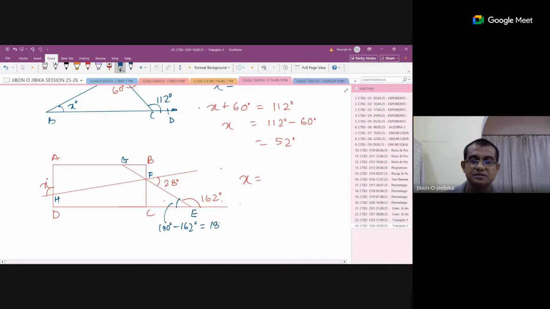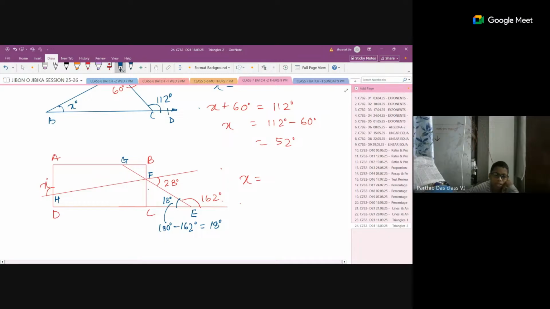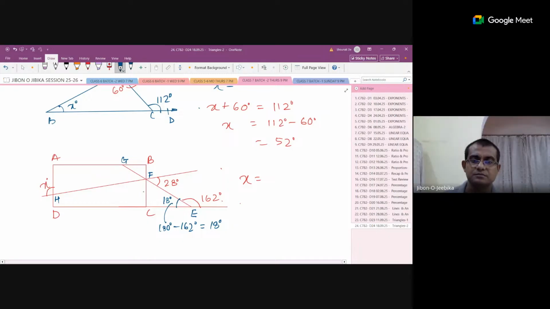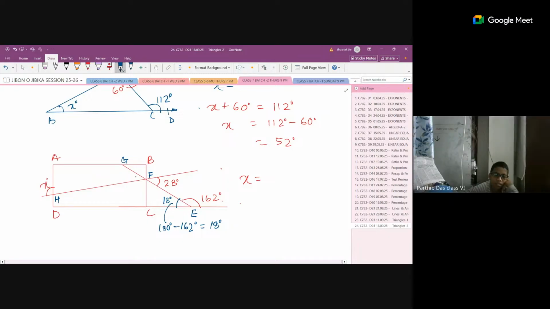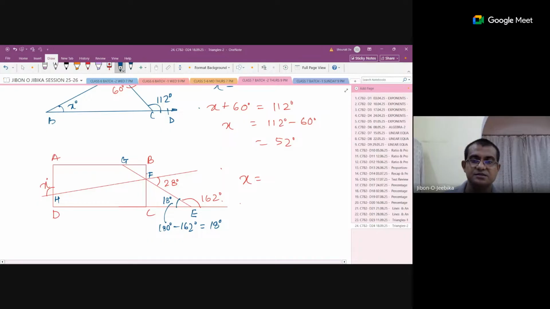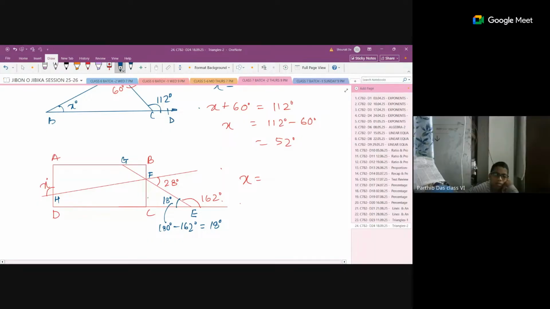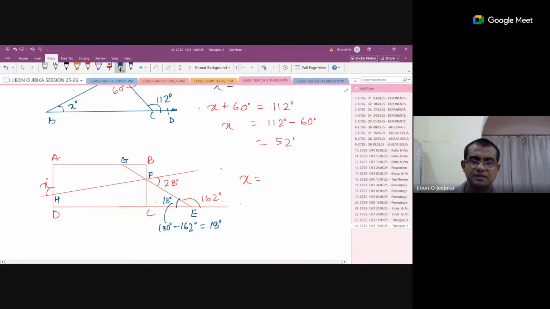That means 18 degree. Okay, then BCE is equal to 180 minus 90 degree. BC is anyway 90 degree.